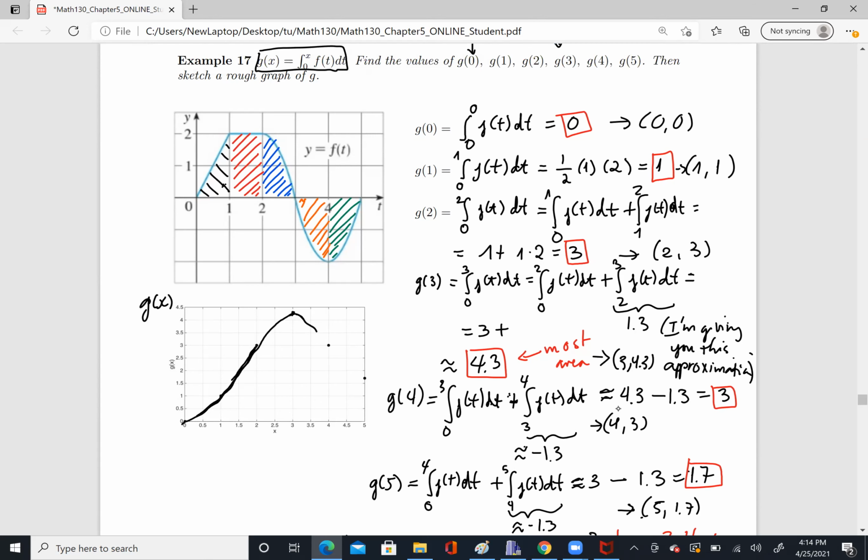So look, now you can see. Oh, come on. All right. So that is the graph of g of x.